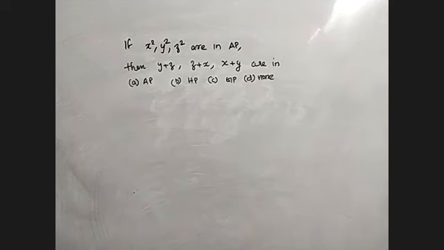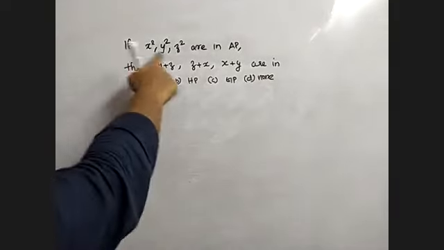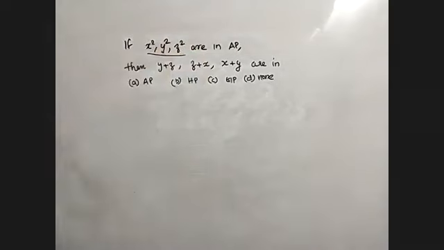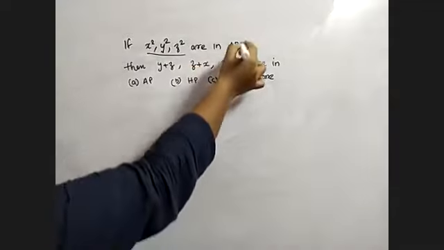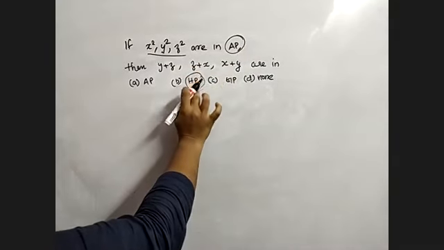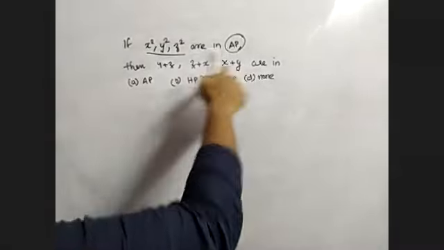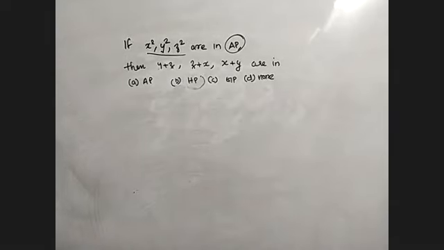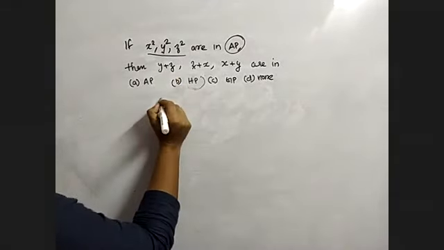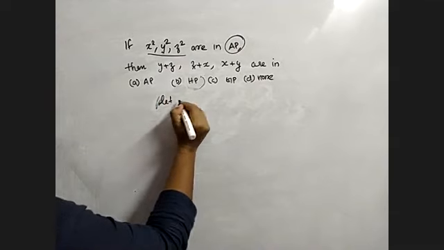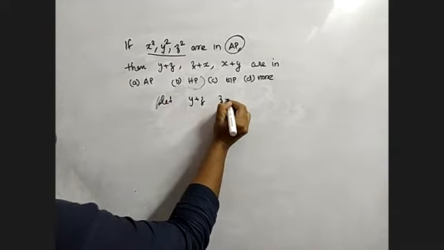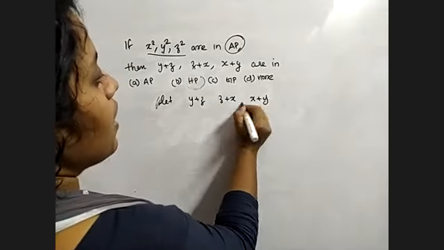Okay, how will you proceed in this question? If we try with this thing, we will not reach anywhere. So we know that AP and HP have a relation, right? So we'll check whether, if we take this as HP, it satisfies the condition. Let y plus z, z plus x, x plus y be in HP.